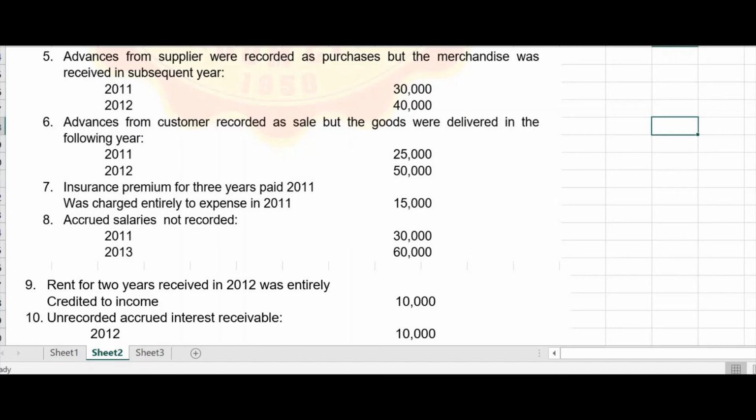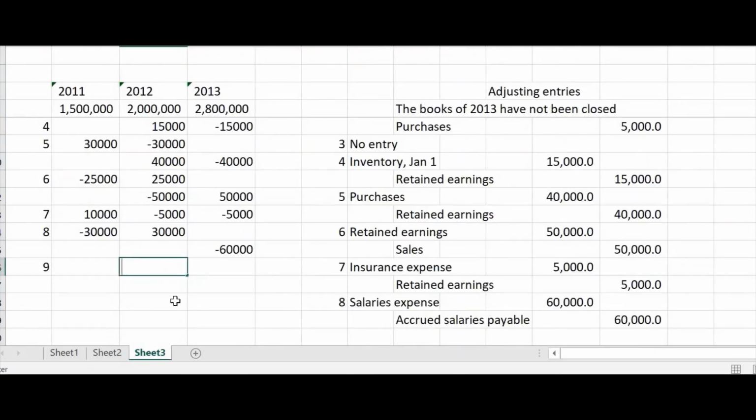Since each year at 5,000, then you've recorded it in 2012 at 10,000. So overstated yung net income mo in 2012 for 5,000. Then understated yung net income mo sa 2013 by 5,000.